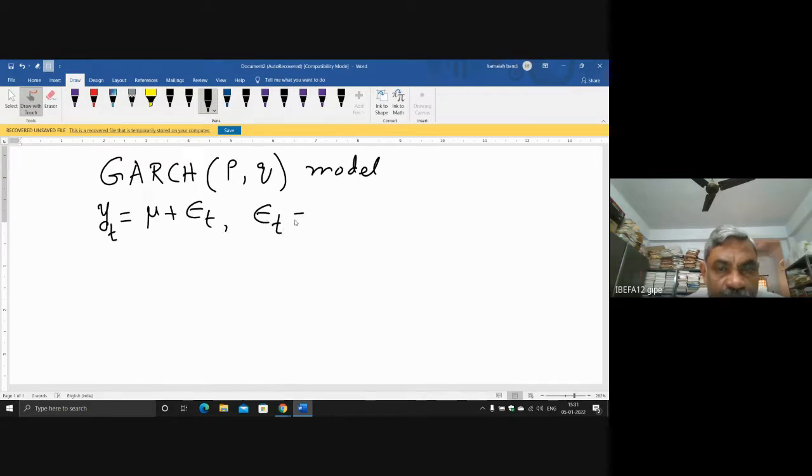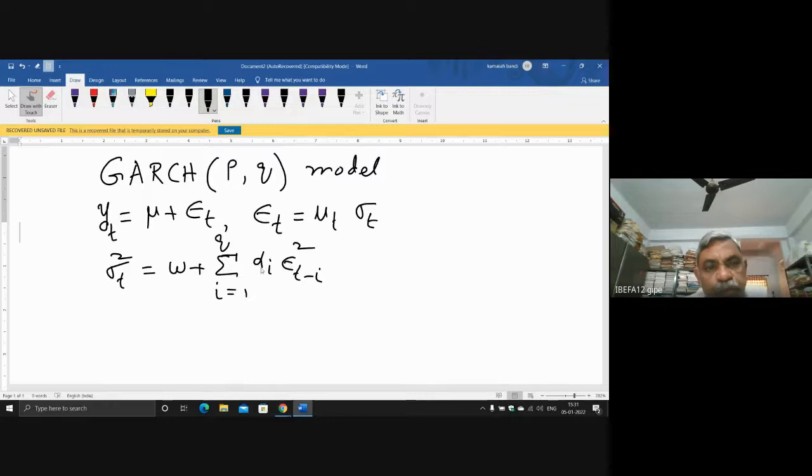Epsilon t equals u t sigma t. And the conditional variance equation depends on omega plus summation i equal to 1 to q alpha i epsilon t minus i square. This is the conditional variance equation, and the first one is the mean equation.